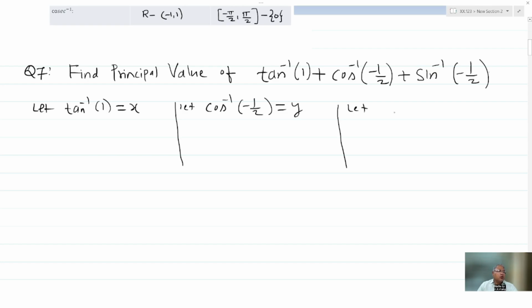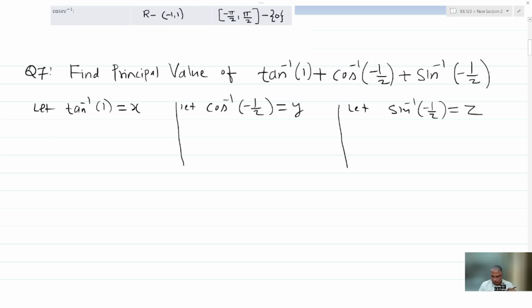In the third column, let sin inverse of minus 1 by 2 equal z. This implies tan x equals 1, cos y equals minus 1 by 2, sin z equals minus 1 by 2. After this, we will find principal values for each.